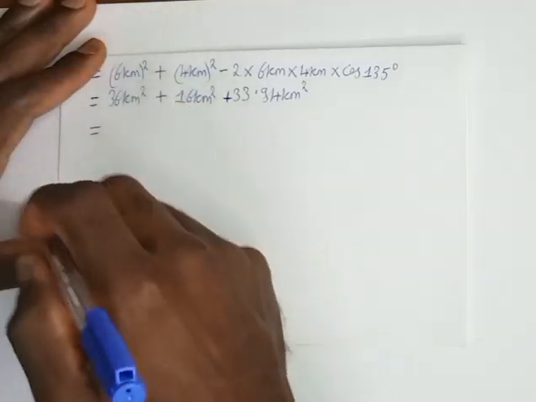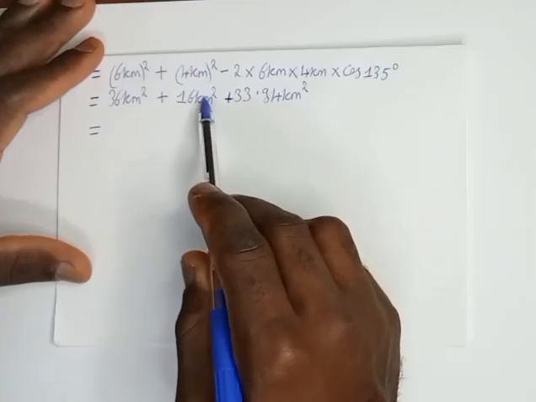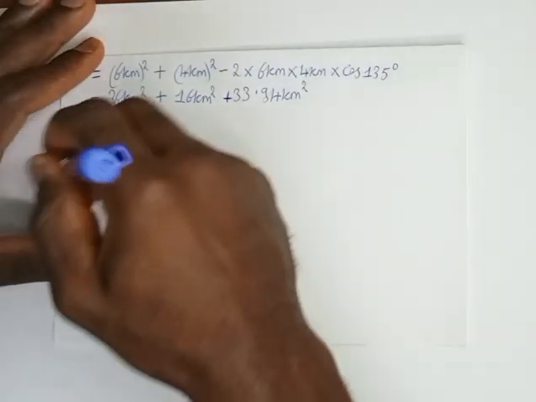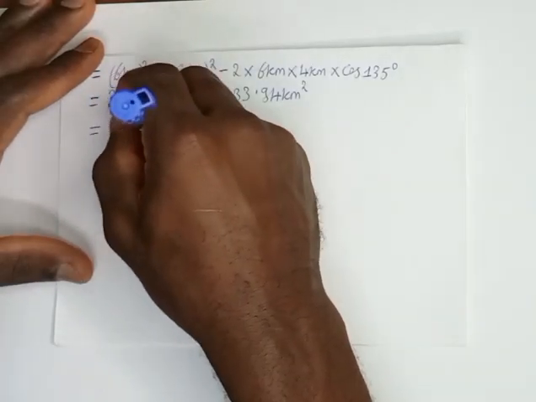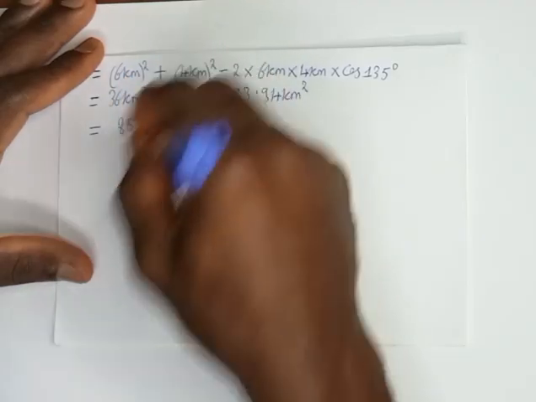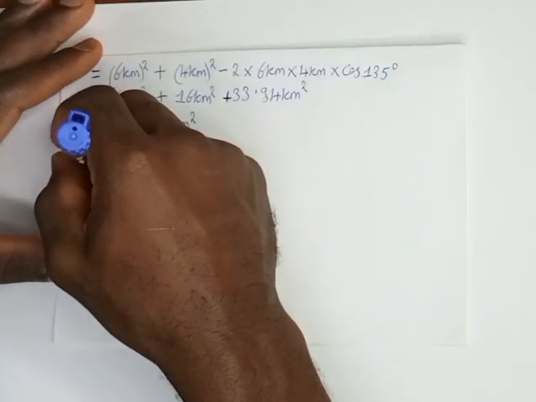This will simply be equal to adding 36 kilometers squared plus 16 kilometers squared plus 33.94 kilometers squared. This gives us 85.94 kilometers squared. We are looking for OB and not OB squared.